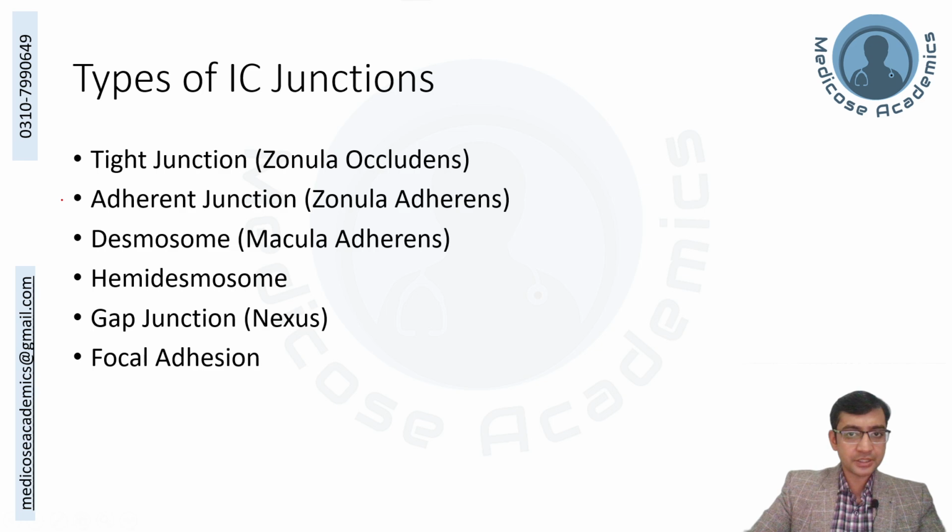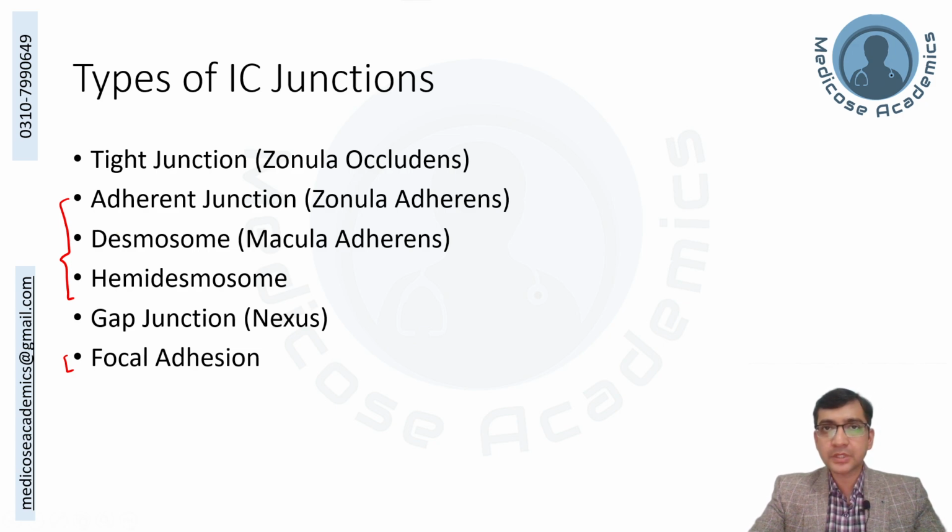So these adherent junctions, desmosomes, hemidesmosomes, and focal adhesions, are adhering junctions. They help cells to adhere to one another physically and against force, both cell with each other and cell with the basement membrane.